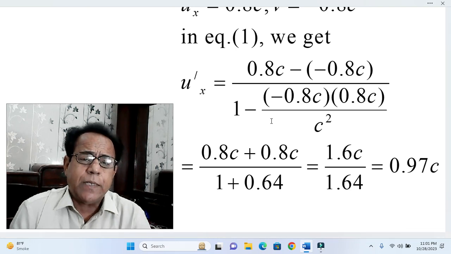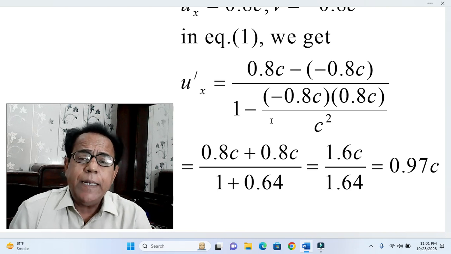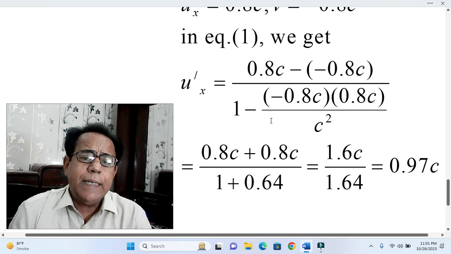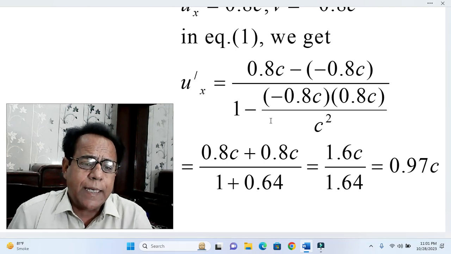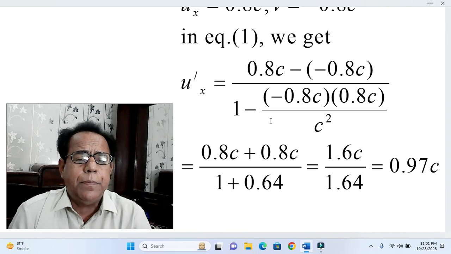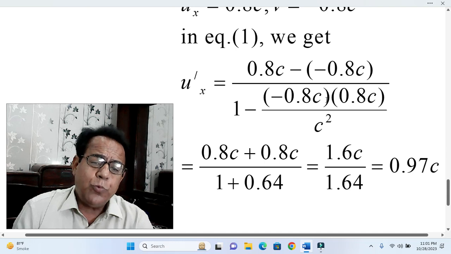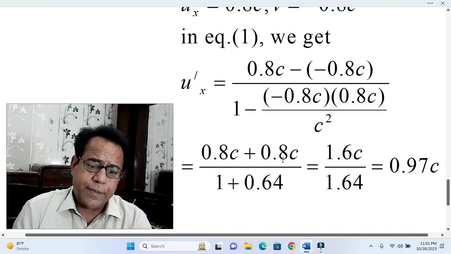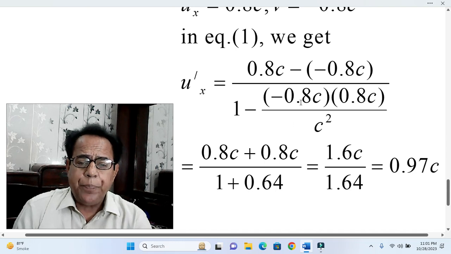According to the basic philosophy of mathematics, when two multiplying signs are similar, their result will be positive, while when they are different, their result will be minus or negative. So 0.8 c plus 0.8 c over 1 plus 0.64, when we multiply these two, we get 0.64.